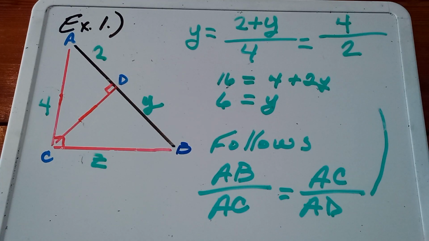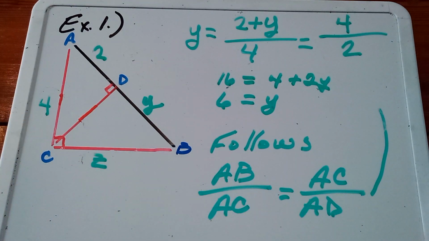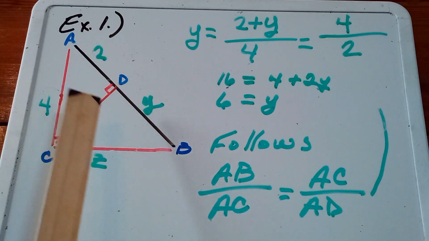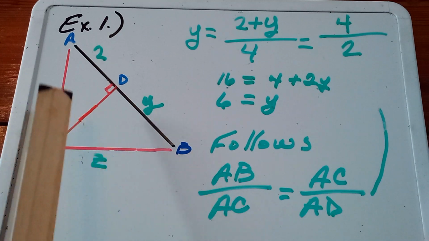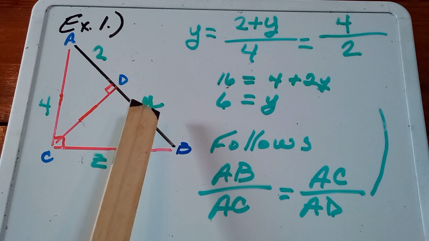Okay, guys, our next example, where we are given a value for one of the geometric means. In this case, we are given that value right there, 4. And as you recall, there are 3 geometric means. This is one of them, and we have the value for it. So we're going to be solving for this leg.